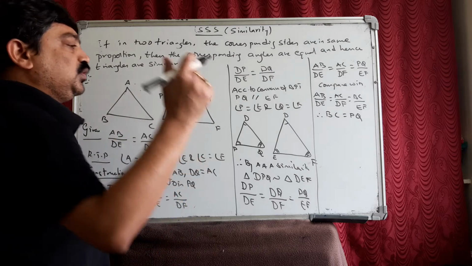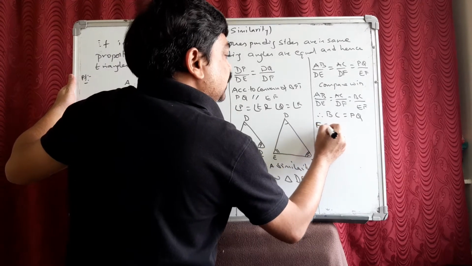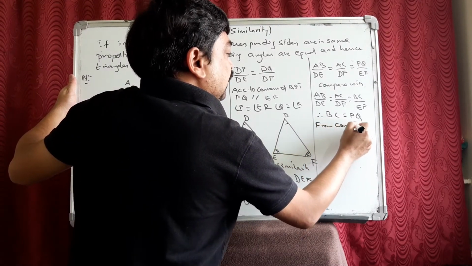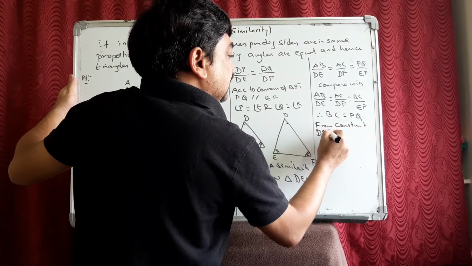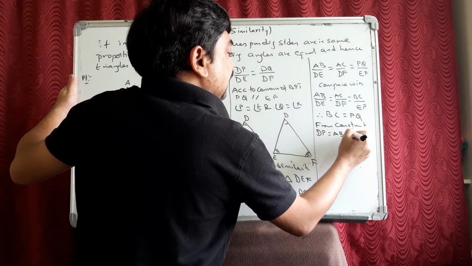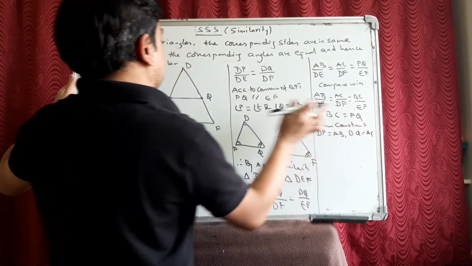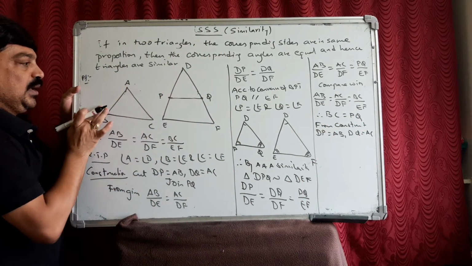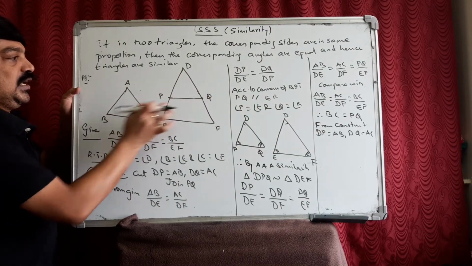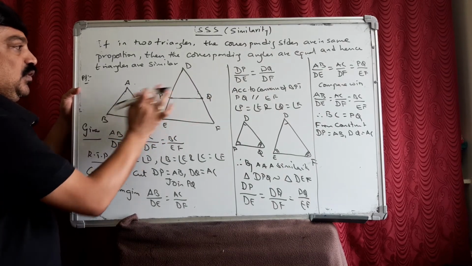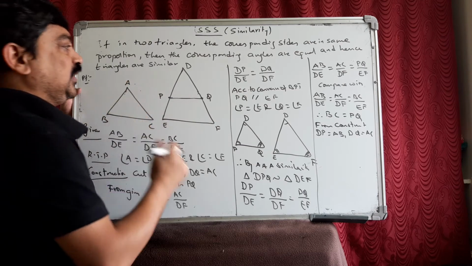Now, from construction we took that DP is equal to AB and DQ is equal to AC, and BC is equal to PQ. See, DP is equal to AB, DQ is equal to AC and PQ is equal to BC. Therefore these two triangles are congruent.